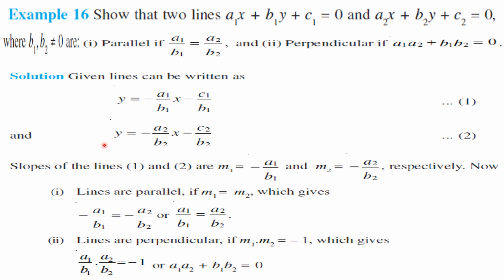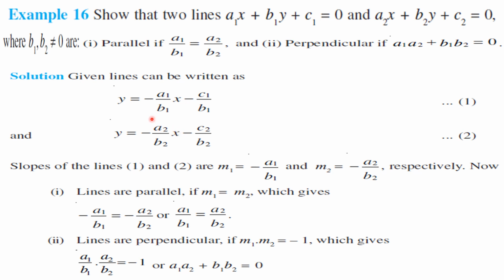Right. Similarly, if you convert the second equation of the line into slope intercept form, that is y is equal to mx plus c, then we get y is equal to minus a2 by b2 into x minus c2 by b2. Understood this equation, my children? Right. So by observing these two equations, we get the slopes of the two lines.